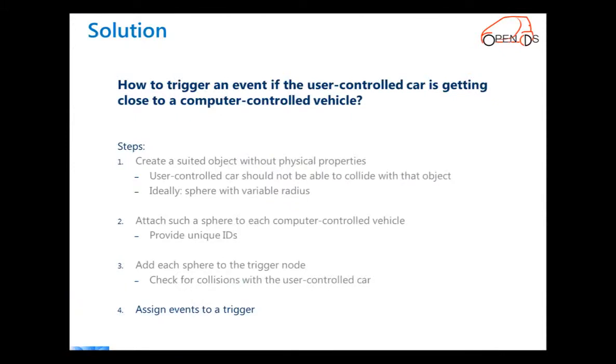Going back to the slides, let's see what we did now. We fulfilled the first 3 steps of our problem. We created a sphere, we attached this sphere to the car, and we set our trigger collision checker to check whether our driving car, our user-controlled car, is in touch with any of these yellow bounding spheres.